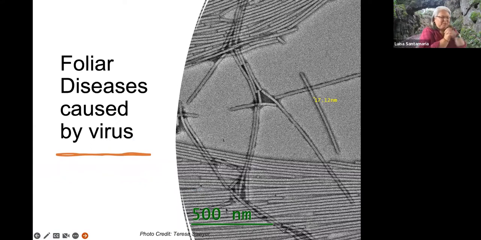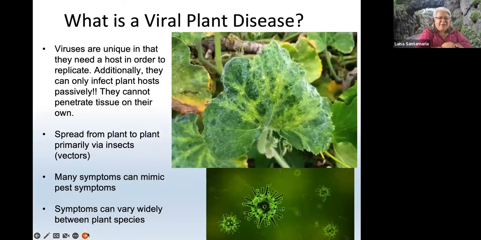All right. So we cannot miss virus problems, right? And as I said, as a good pathologist, I like some pathogens. Virus is kind of unique in order to see symptoms in the foliar area.